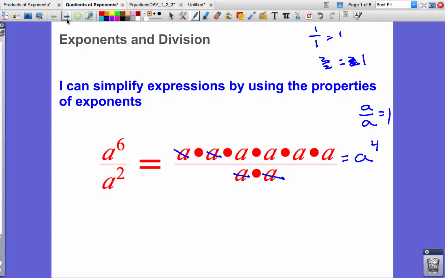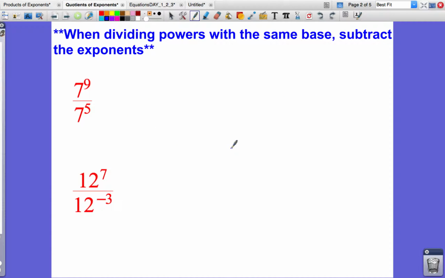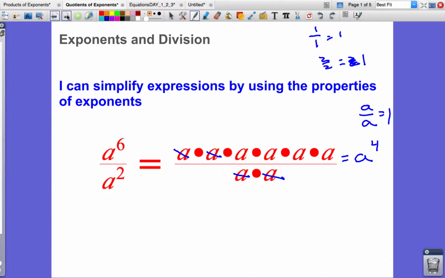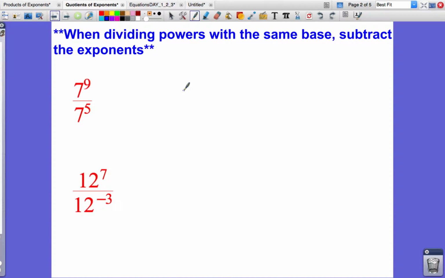Okay, so let's actually look at an easier way to do this. When dividing powers with the same base, we can just subtract the exponents. So if I have 7 to the ninth power over 7 to the fifth power, I could expand it out like we did back here. This is 7 times 7 times 7, 9 times, over 7 times 7 times 7 times 7 times 7, 5 times.